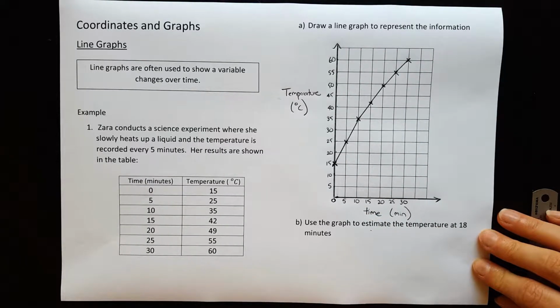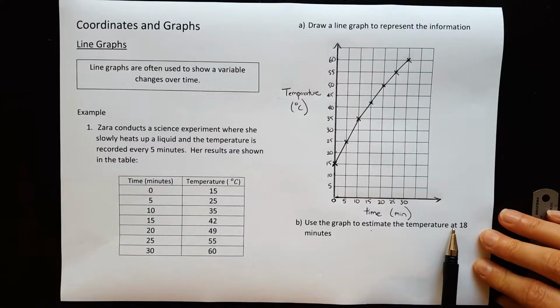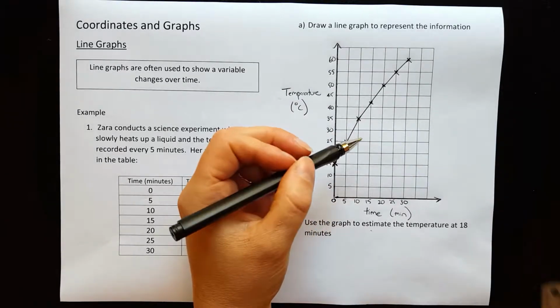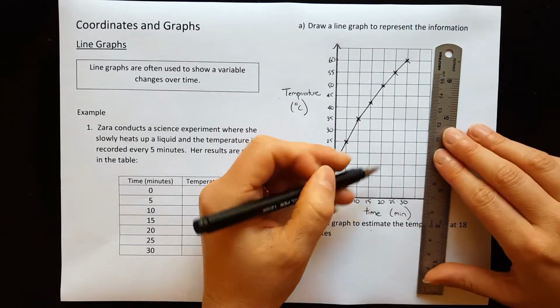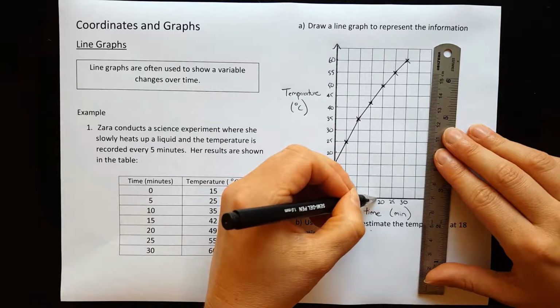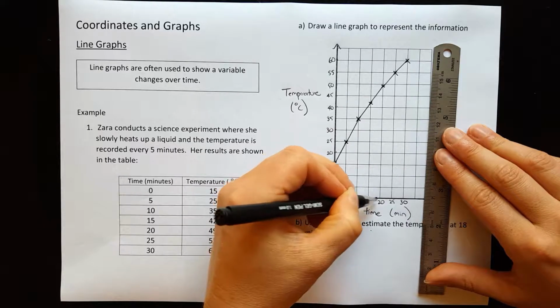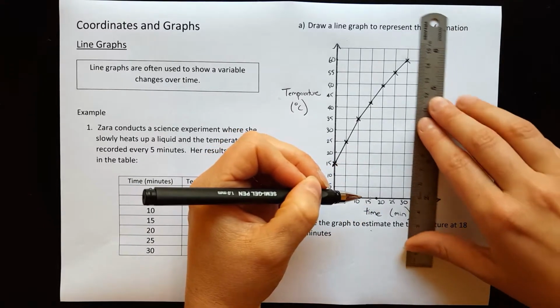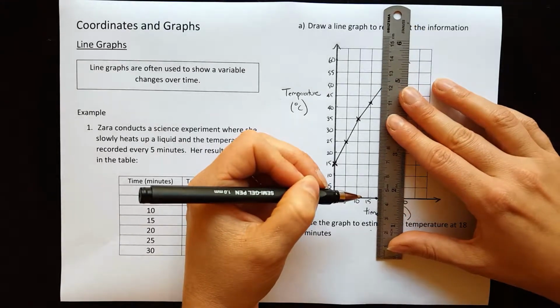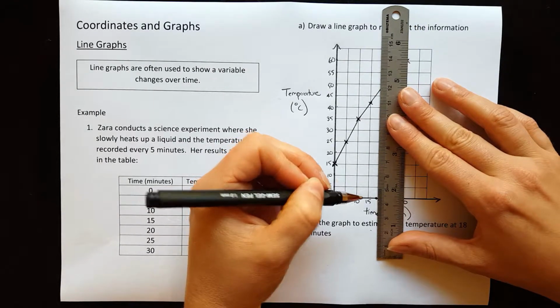So in B, we want to use our graph to estimate the temperature at 18 minutes. If we come to our graph, 18 minutes would be about there, a little bit over halfway between the 15 and the 20. What you want to do is draw a line going vertically straight upwards.